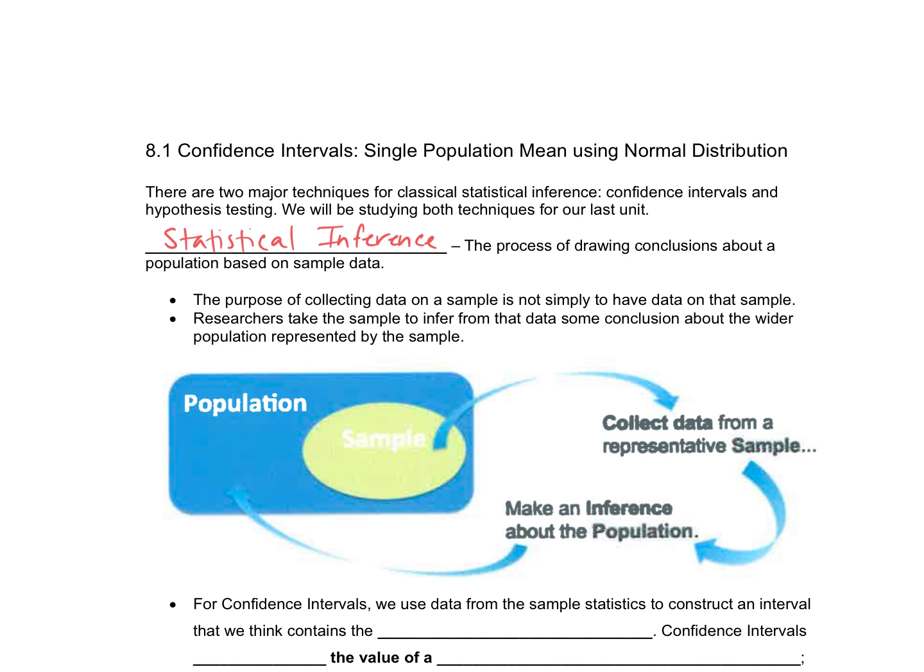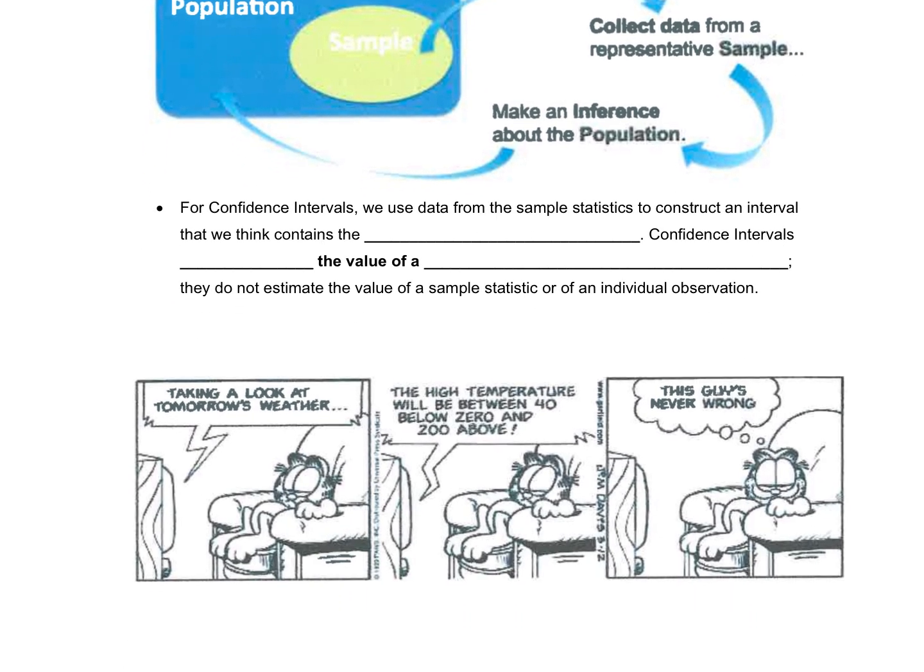And for confidence intervals, we use data from the sample statistics to construct an interval we think contains the population parameter. Remember, a parameter goes with the population, a statistic goes with a sample.